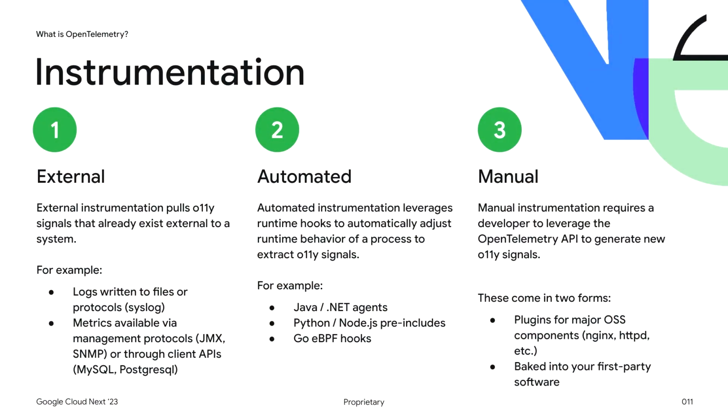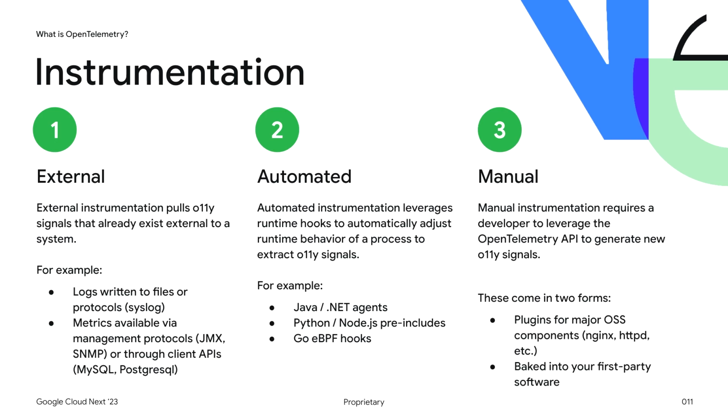The next type is automated, right? Sometimes we call it auto-magic. This is where I can take a process that was not originally instrumented and somehow manipulate it so that now it is generating the telemetry directly. In OpenTelemetry, we have a few instances of this. There is a Java agent that you can run that will automatically generate telemetry. There is one for .NET.